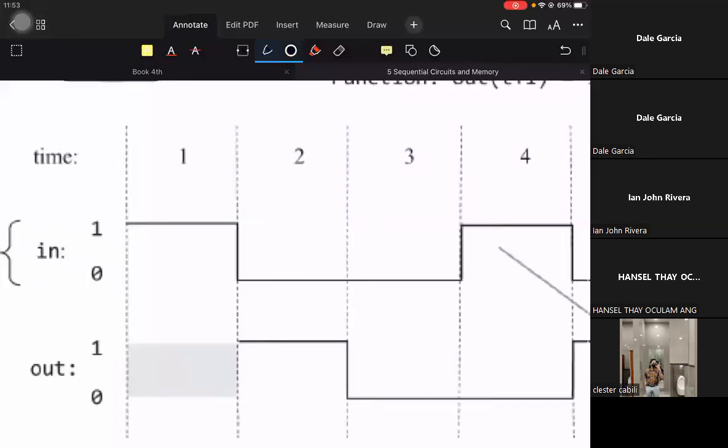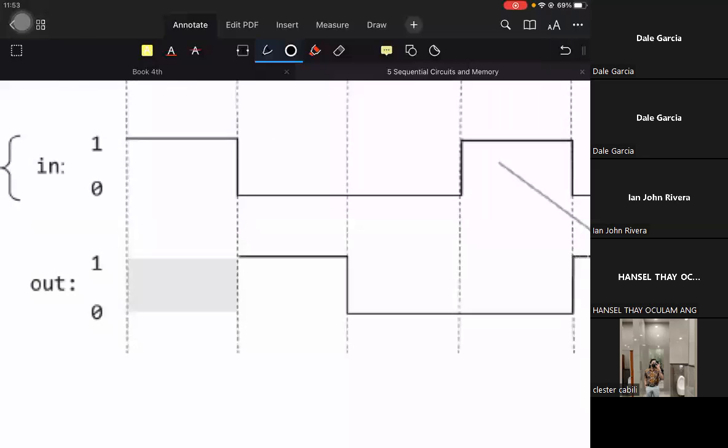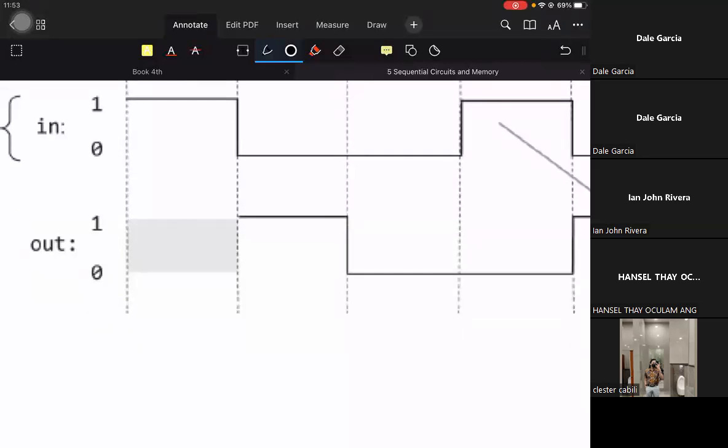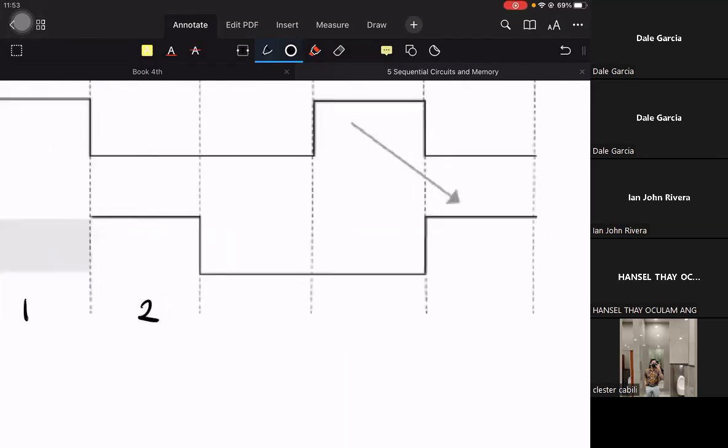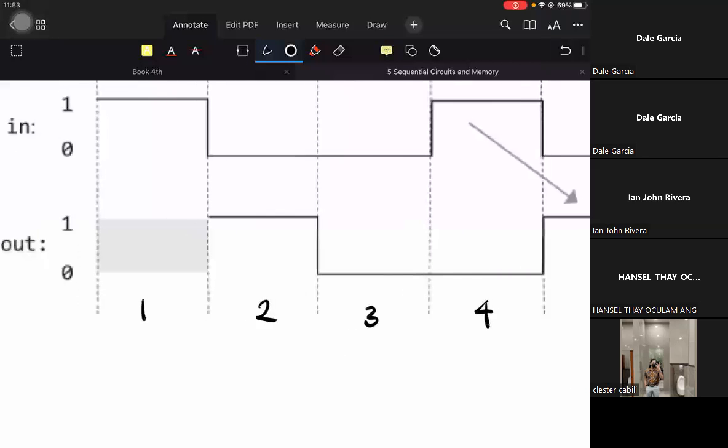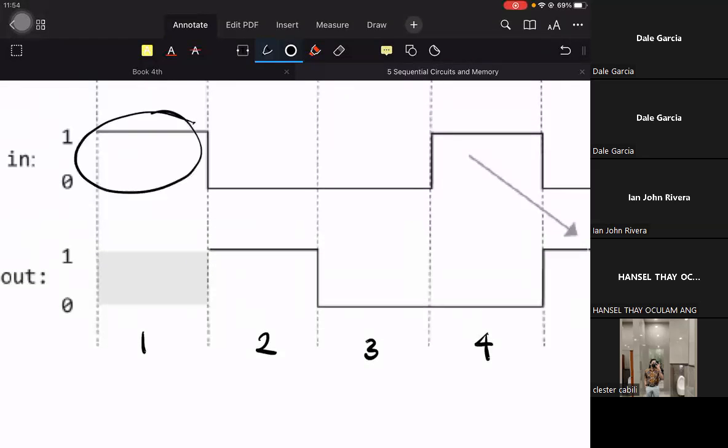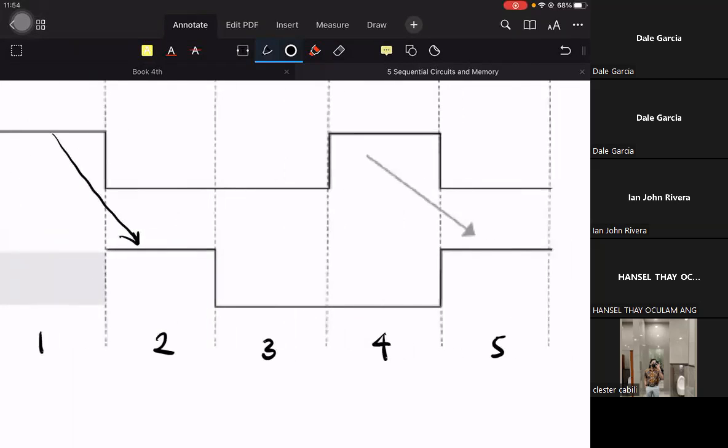So how about the second cycle? For the second cycle, I'll move the cycle numbers below. The output in the second cycle is based on the previous state. The D flip-flop has stored a state from the first cycle, which is high. That's why the output in the second cycle is high.